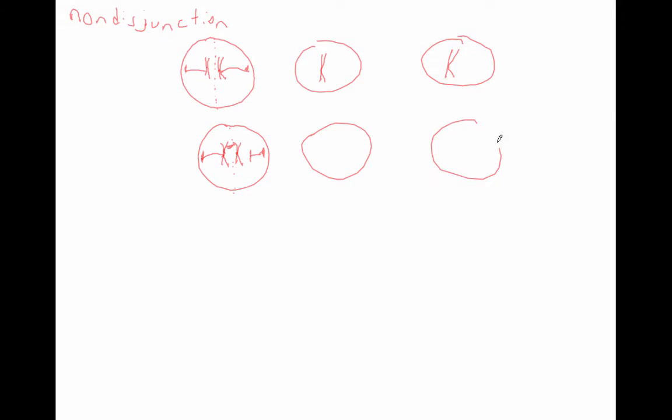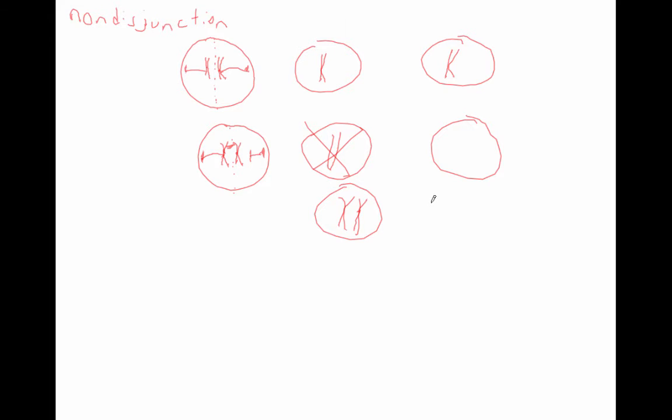And we're going to end up with something like this. Oops, that's drawn poorly. I'm going to draw that again. And we end up with something like this, where both chromosomes get pulled over to this side. And the other cell that forms, because it didn't pull any over here, does not get that chromosome.